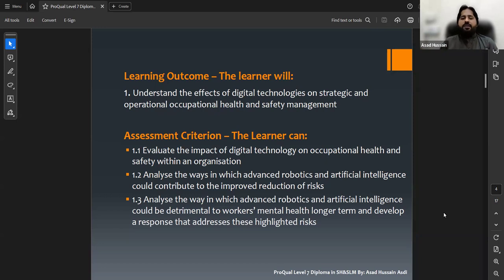If some type of technology system is adopted or implemented there, such as remote sensing or remote control systems to check the mental health of workers or anything like that, it can be considered as evidence for this 1.3 assessment criteria.